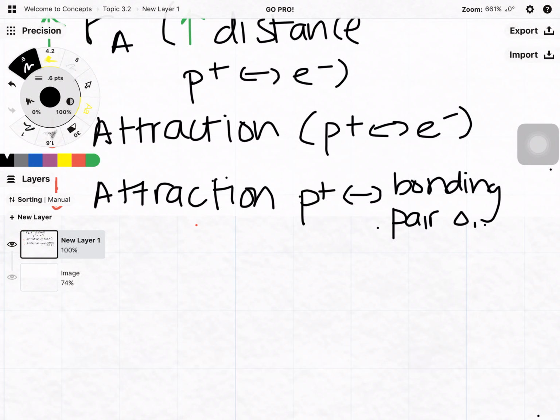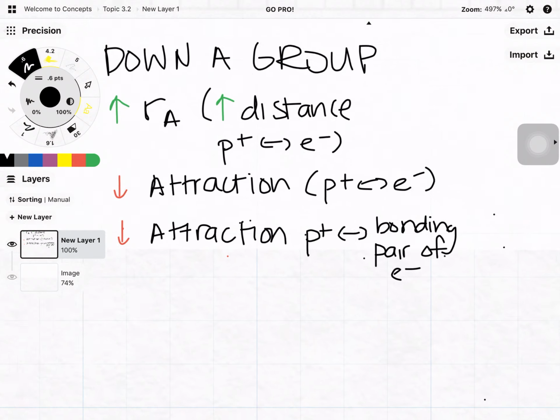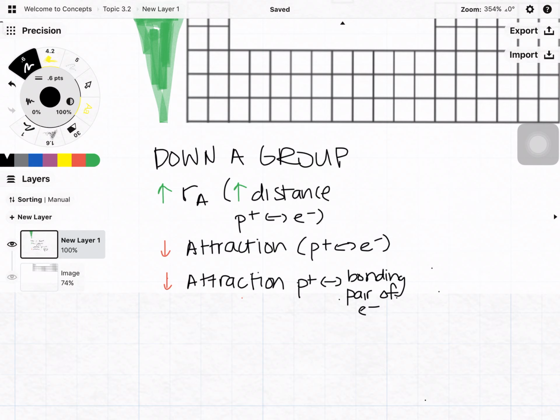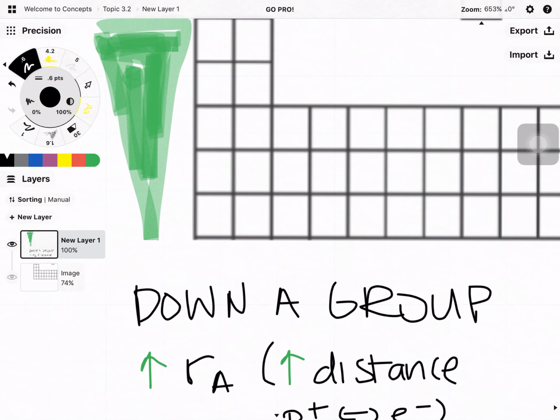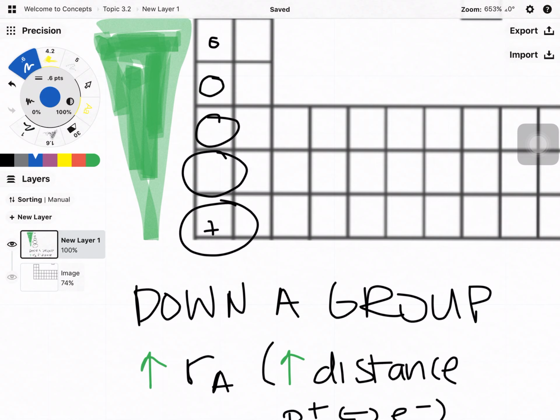So again, as we go down the group, our atoms get bigger and bigger, and so the distance between my protons and electrons is much greater. And so being able to attract an electron at this size is much easier because here we're much closer versus cesium, where we have a much larger distance to try to attract a bonding pair of electrons.